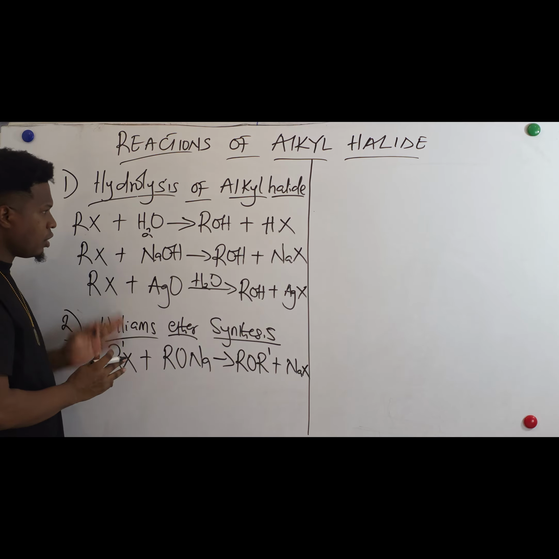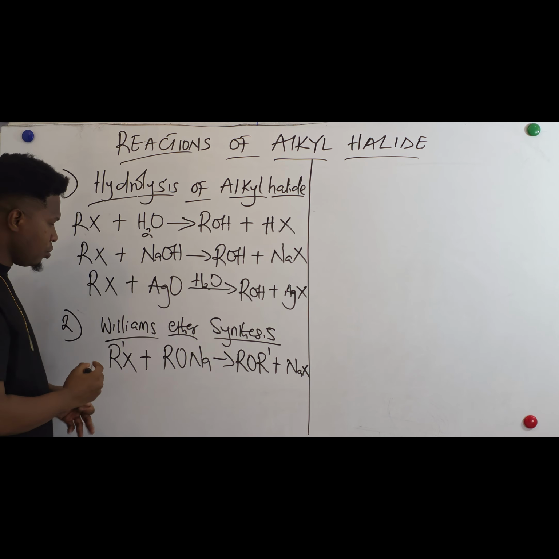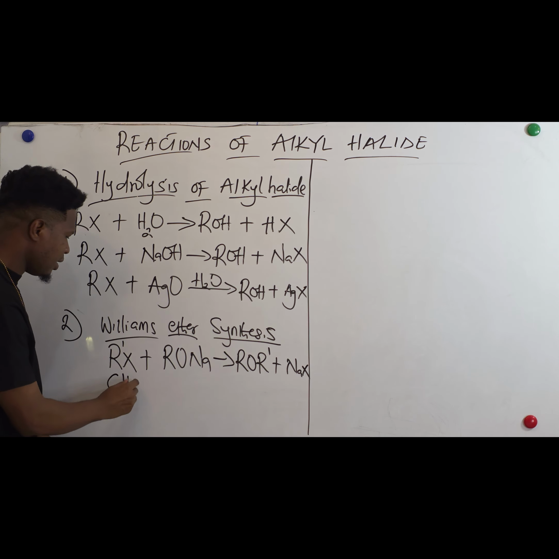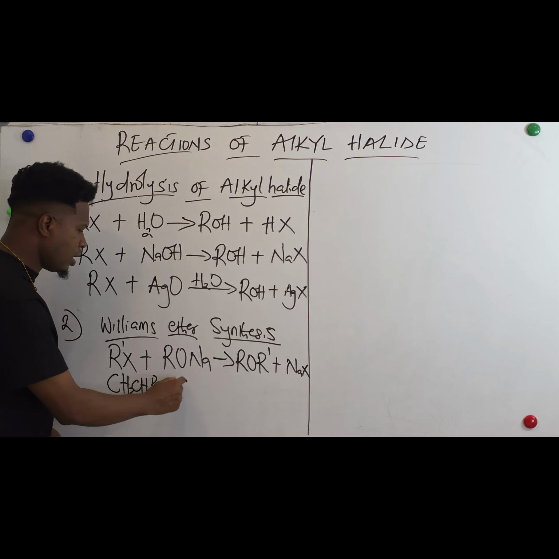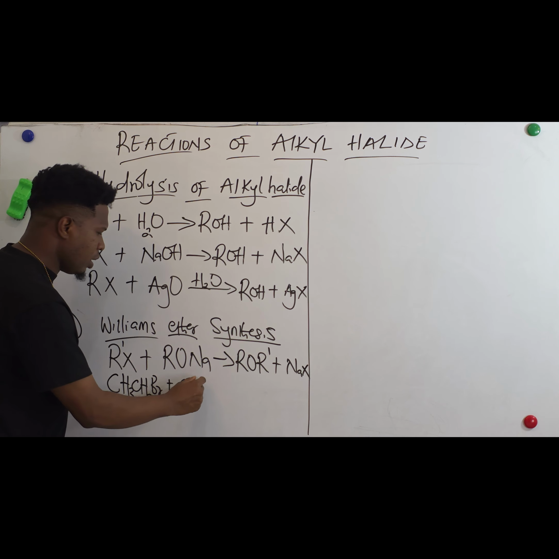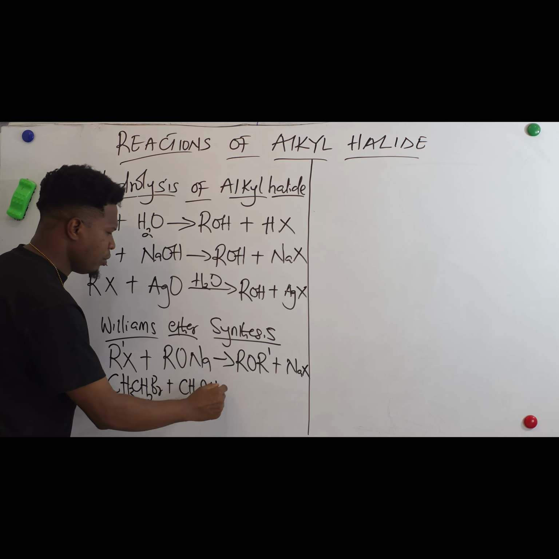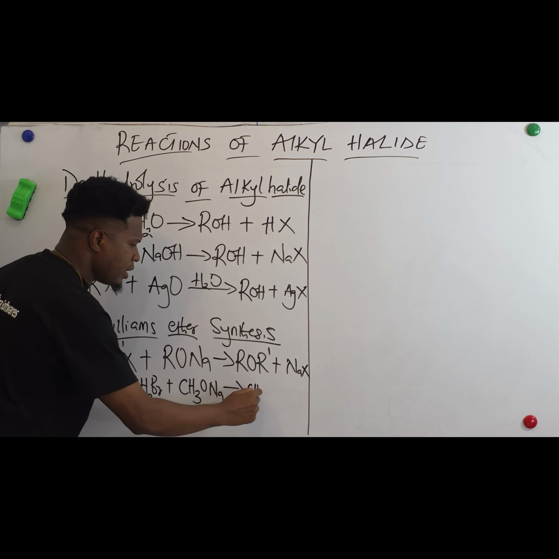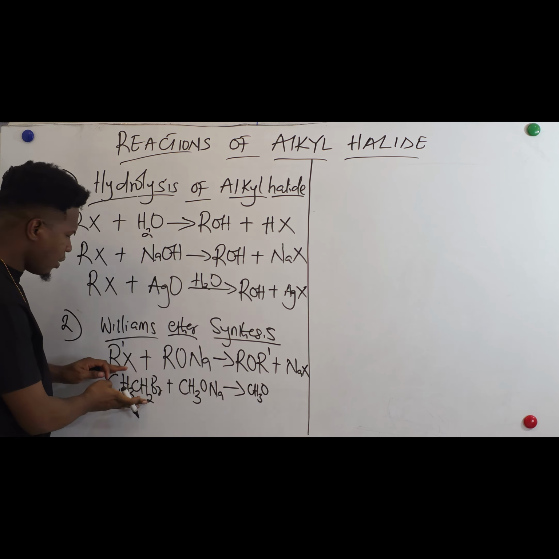So for these reactions, for example, if I want to use any alkyl halide, I can use CH3CH2Br plus any alkoxide. Let's use sodium methoxide, for example. So what you are going to have is simply CH3O. So this alkyl group comes here.